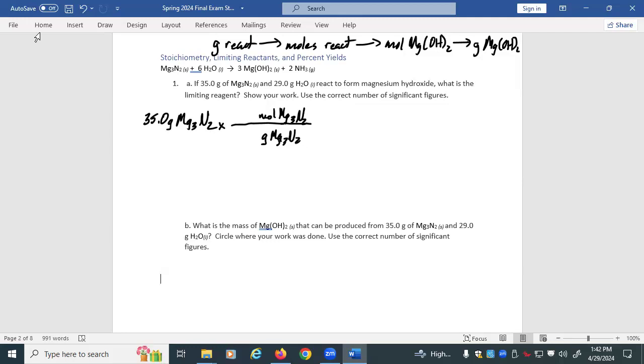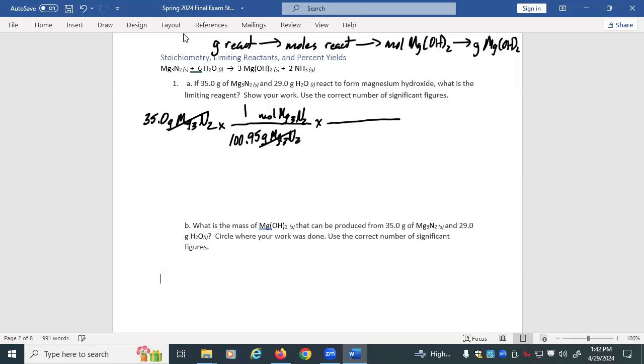Anytime I need to do that, I need to go to the periodic table, figure out the molar mass. 3 magnesiums, 24.31 each, plus 2 nitrogens, 14.01 each, is 100.95 grams per mole. My grams cancel out.